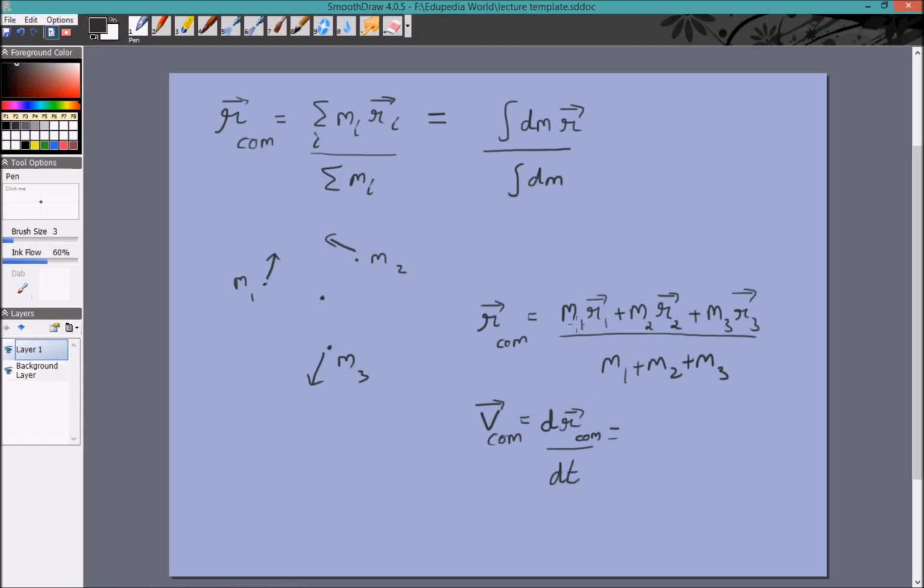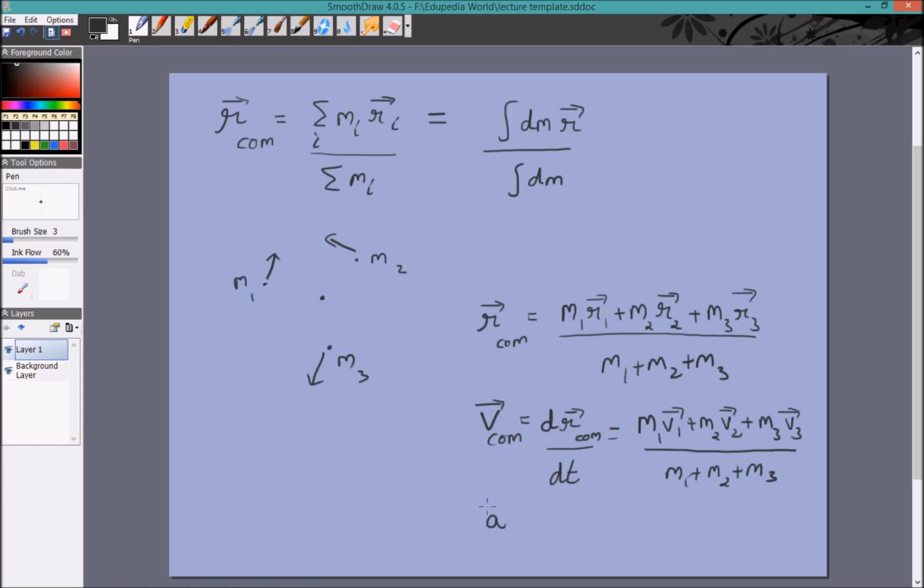Since all the masses are constant, it gives m1 dr1 by dt plus m2 dr2 by dt plus m3 dr3 by dt by m1 plus m2 plus m3, and dr by dt is simply v. So this is m1 v1 plus m2 v2 plus m3 v3 by m1 plus m2 plus m3.